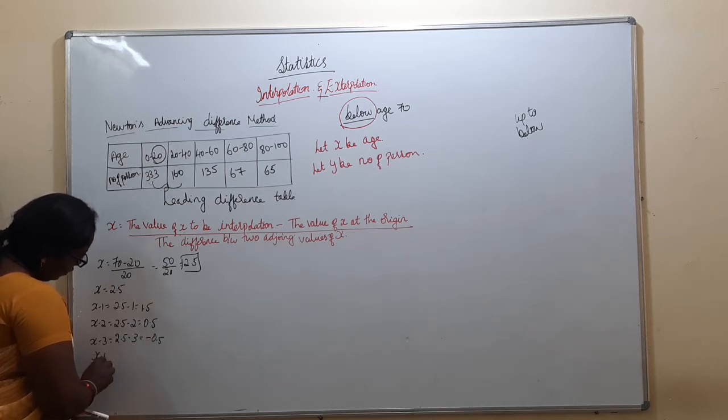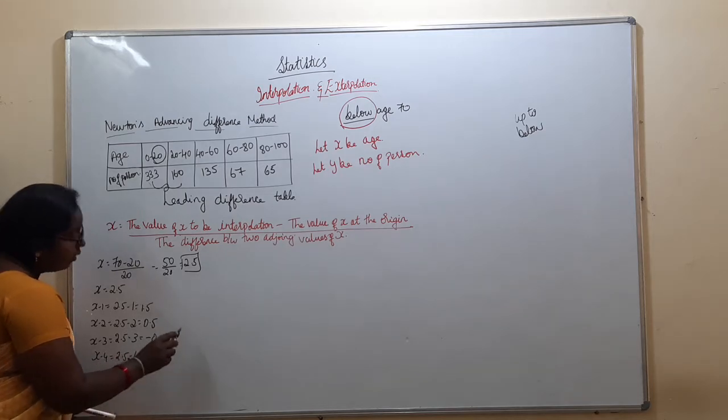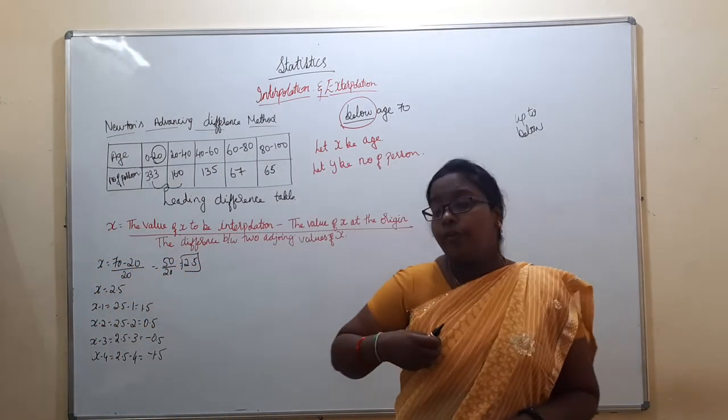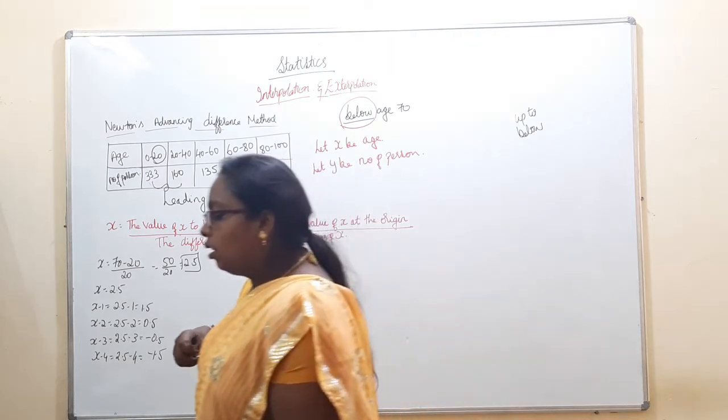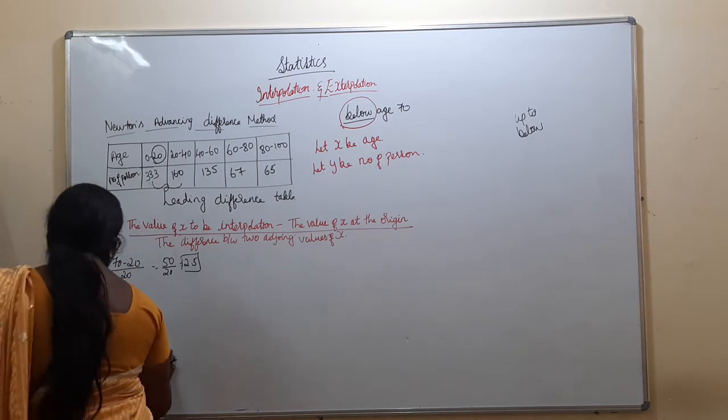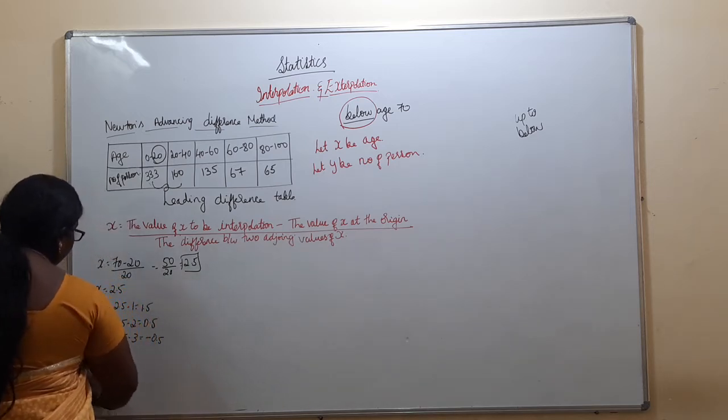Then x minus 4 is equal to 2.5 minus 4, I will get minus 1.5. The factorial where I have reduced it till 4. So 4 factorials I will be having here. So it is 3 factorials only we will be using here.